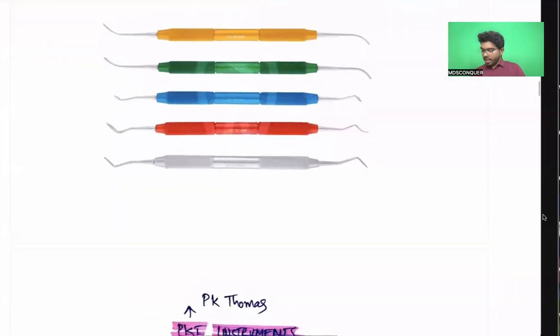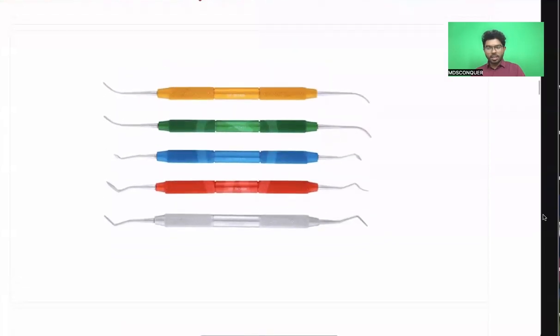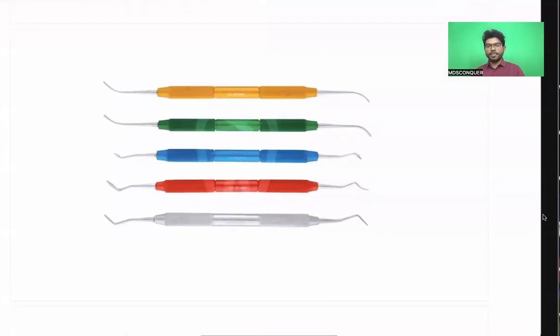Very good. Can you identify what these instruments are? Five in number. So what are these instruments?